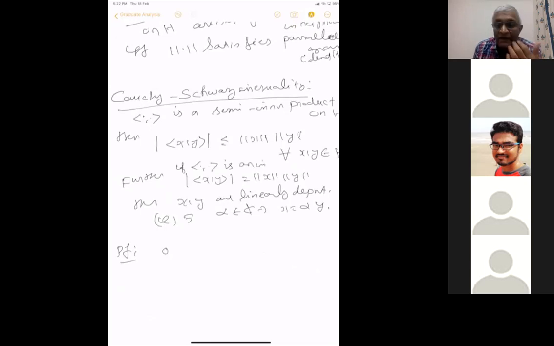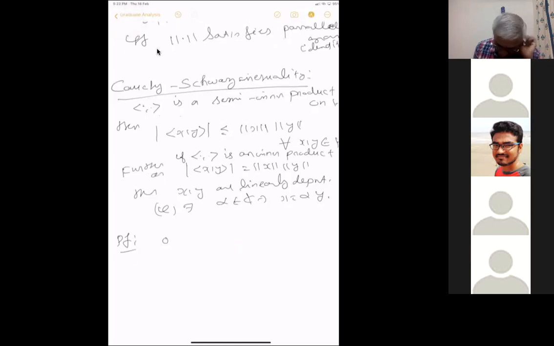Further, the Cauchy-Schwarz inequality is true for any semi-inner product, but if it is an inner product, then if equality holds, x and y are linearly dependent. First we will prove the inequality for a semi-inner product.